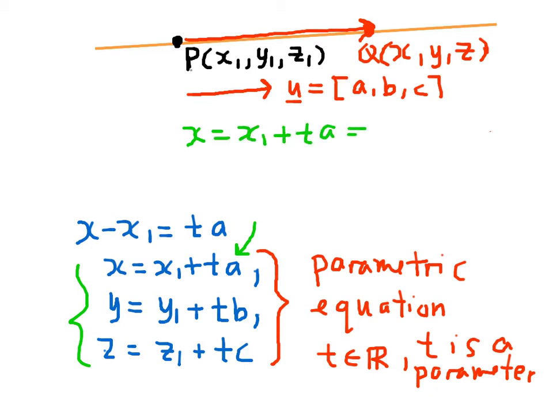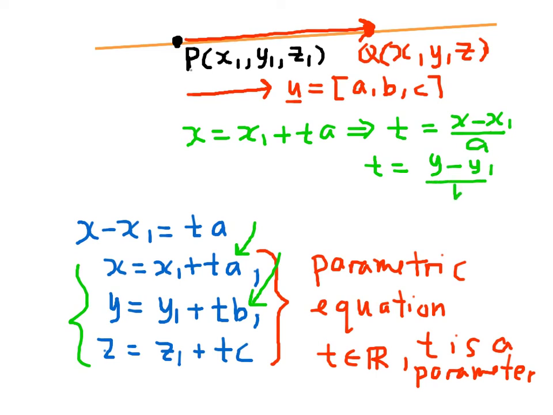I can express t as the subject, and that will be x minus x1 divided by a. Similarly, from the second equation, I can express t as y minus y1 divided by b.